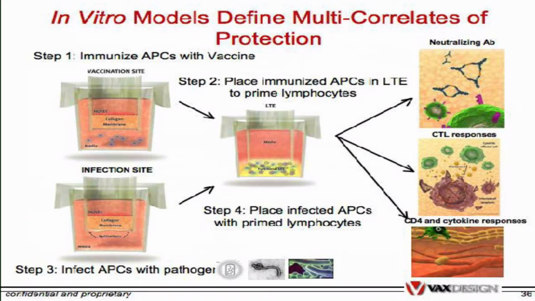When we take our three-dimensional constructs from our PTE module, again, this is a three-dimensional representation of what happens in the skin, or a mucosal equivalent, and challenge it with an antigen, we can place those antigen-presenting cells into the LTE and prime the lymphocytes, either CD4 or CD8 cells, and we can check how those cells function in an additional disease model.